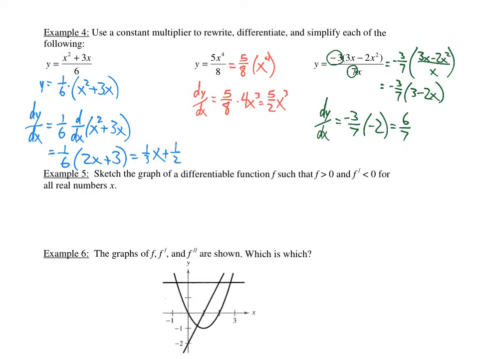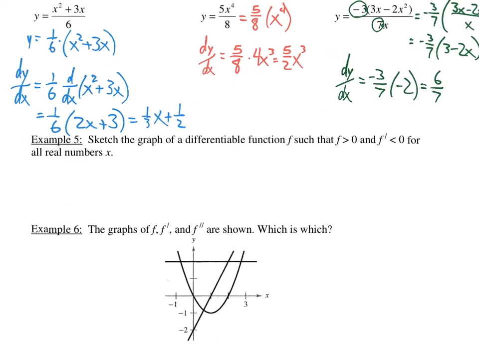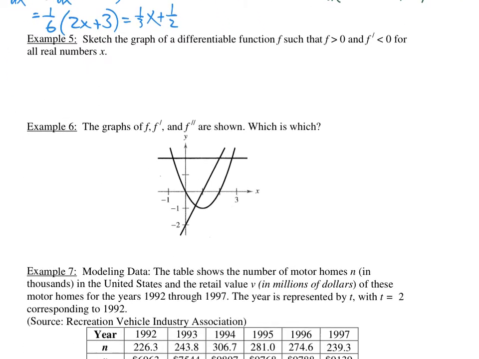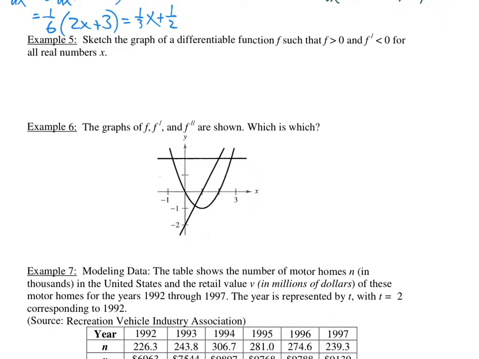Now, let's look at example 5. We want to sketch the graph of a differentiable function. So if it's differentiable, it has to be continuous, such that f is greater than 0 and f prime is less than 0 for all real numbers x.